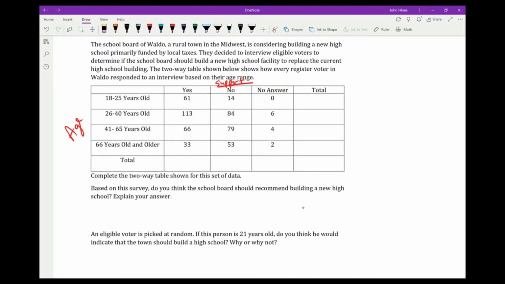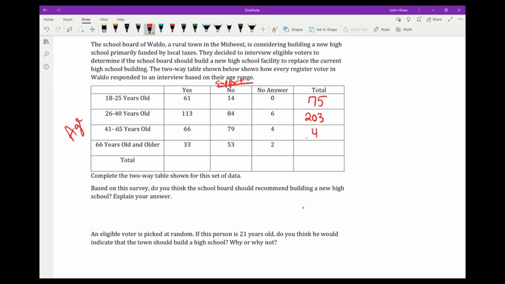So to get this row total here, you add up everybody from that row, 75. To get this next one, we add up everybody from this row. So 203, I think. I'm checking on a calculator because I don't trust myself. 203. This next row, how many 41 to 65-year-olds were there?